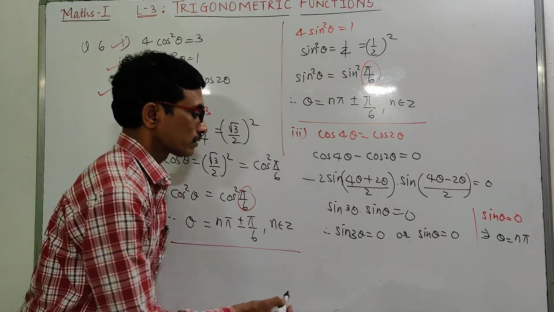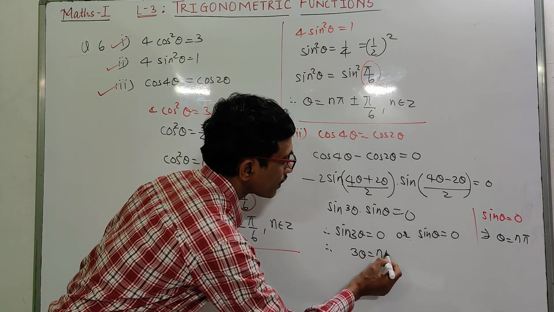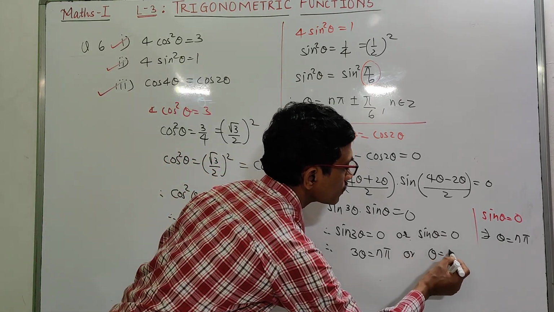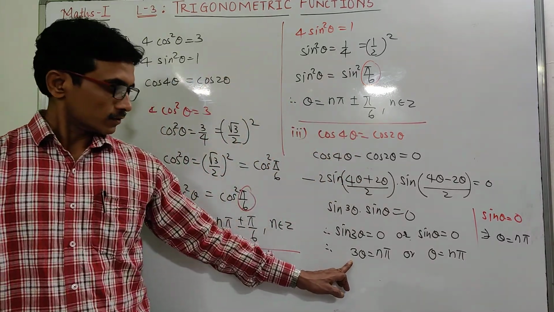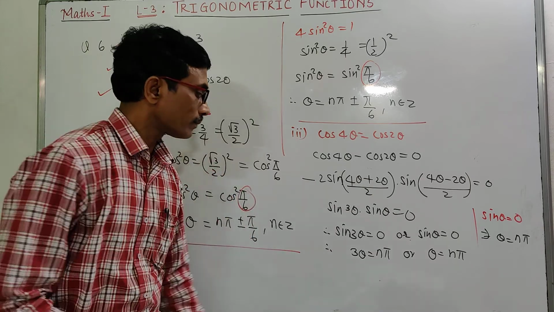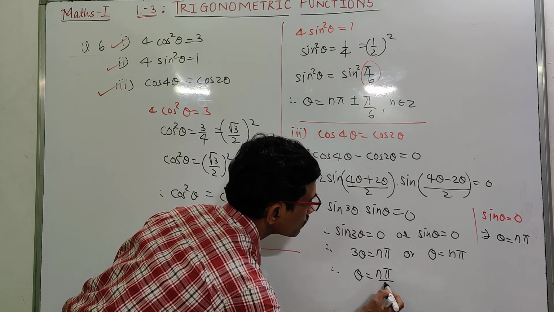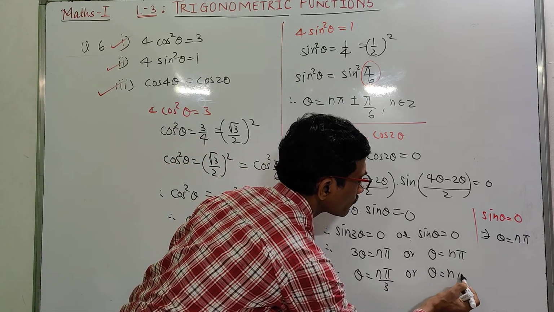So therefore here 3 theta is equal to n pi, or theta is equal to n pi. Now as 3 theta is equal to n pi, theta required is n pi upon 3. Theta is equal to n pi upon 3 here, or theta is equal to n pi.